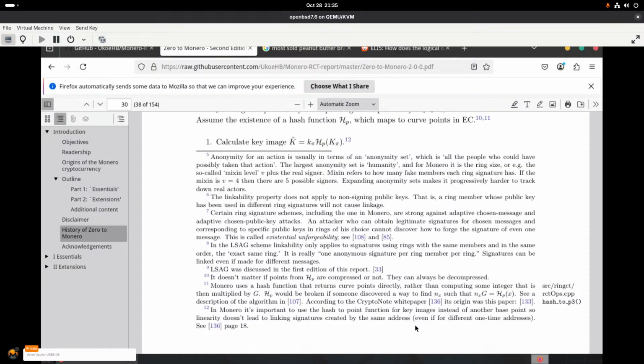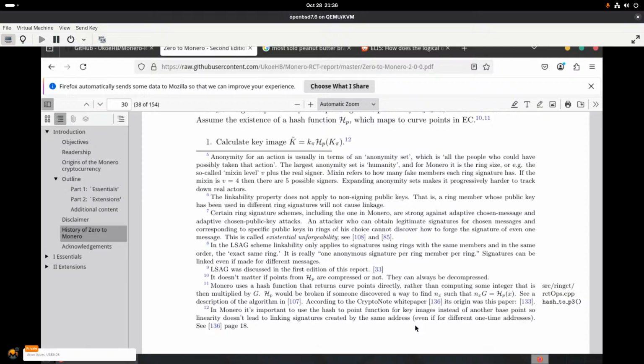The linkability property does not apply to non-signing public keys. This is a ring member whose public key has been used in different ring signatures and will not cause linkage. Certain ring signature schemes, including the one in Monero, are strong against adaptive chosen message and adaptive chosen public key attacks.